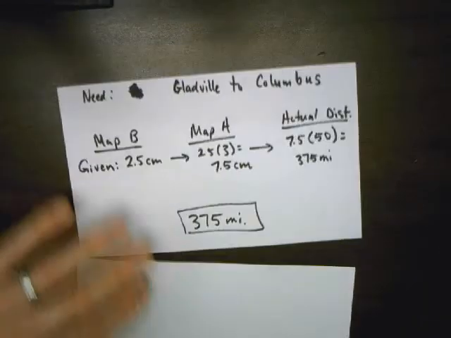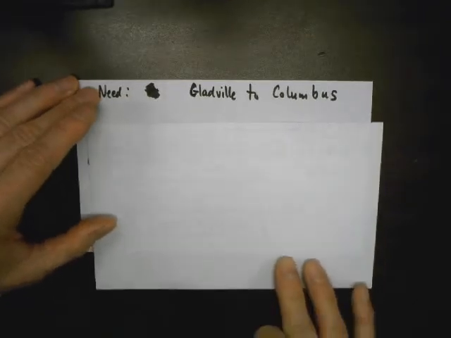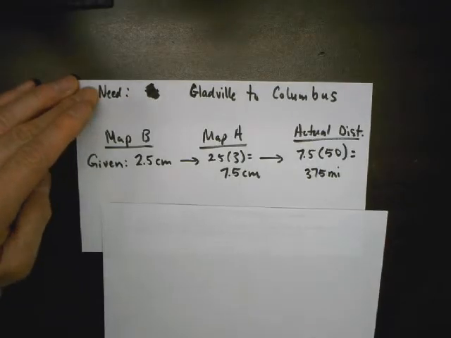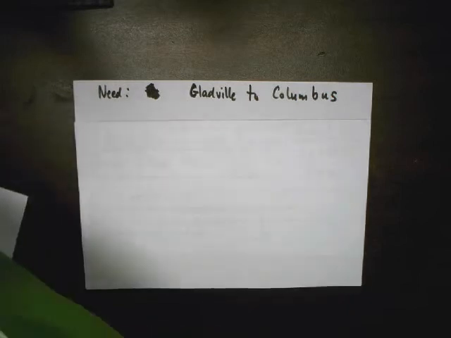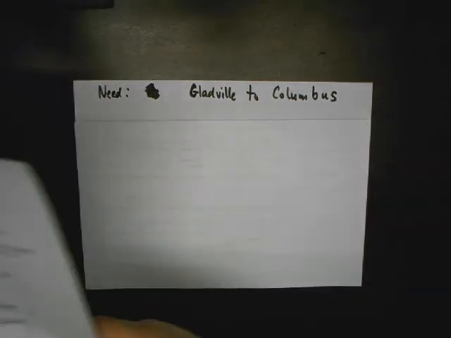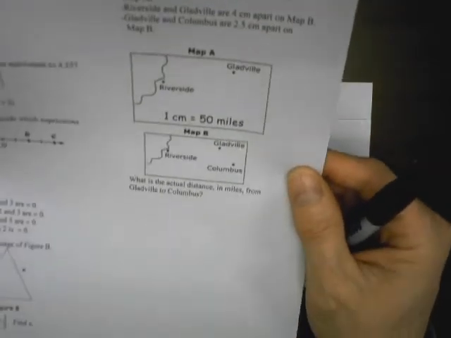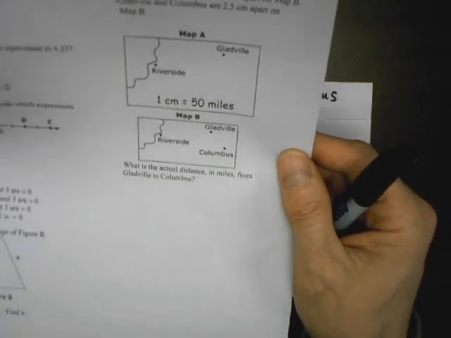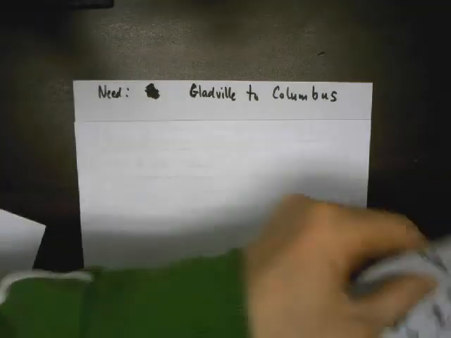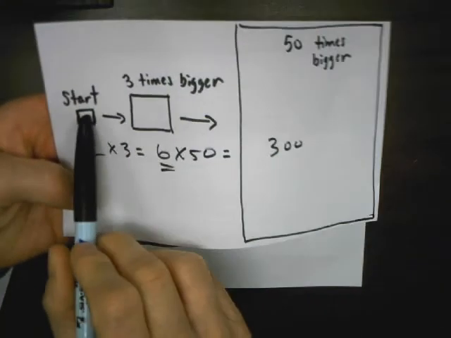Okay, so next, what we need to do is find the distance from Gladville to Columbus. So the question says, what is the actual distance from Gladville to Columbus? Okay? So we're going to go back to that first analogy here. We're going to find how far Gladville to Columbus is on the smaller map.